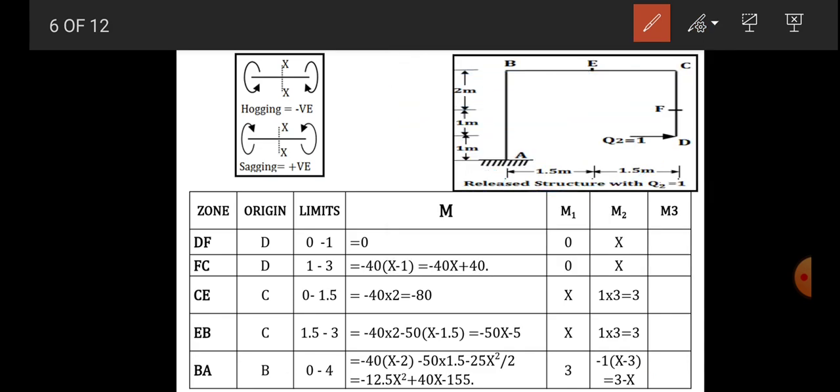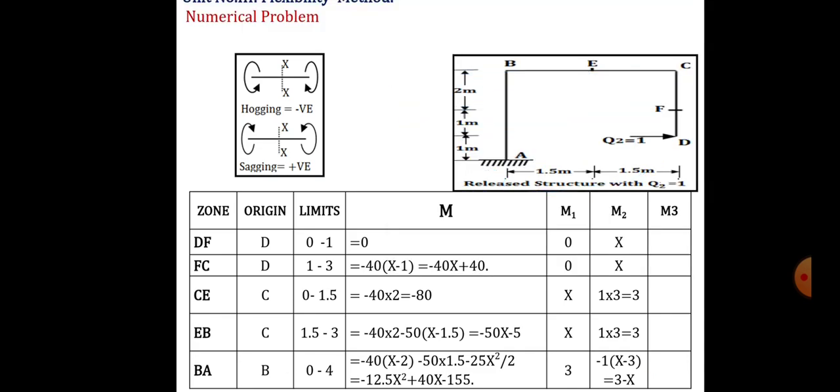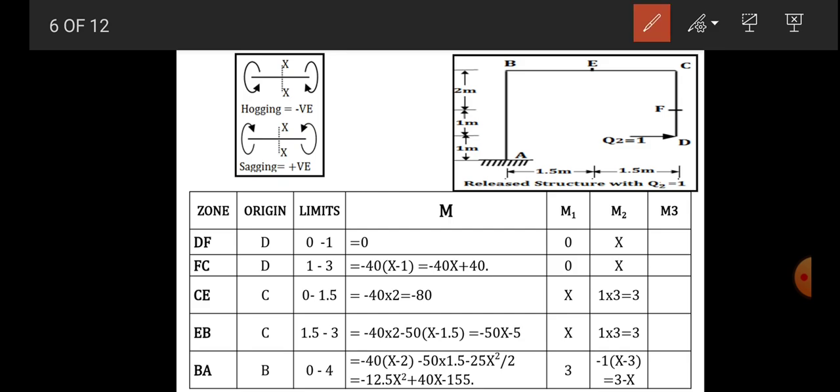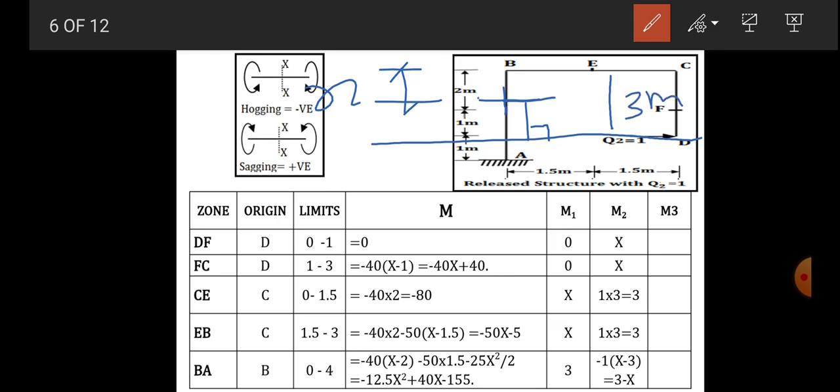Let me explain it. Someone may draw the imaginary axis here. Let's call it x with respect to origin B, and this is the line of action of the force. So this becomes the perpendicular distance between this horizontal axis and Q2 equal to 1. This distance is 3 meter, so the lever arm will be 3 minus x.